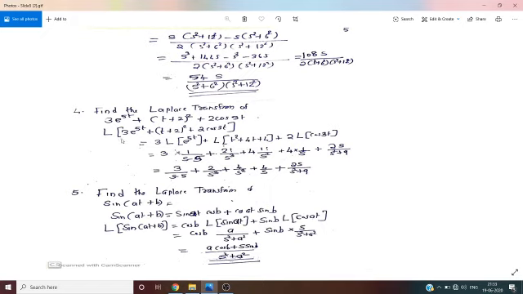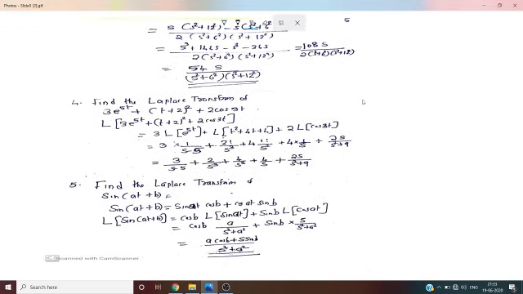By using the linearity property of Laplace transforms, we can write this as 3 into the Laplace transform of e raised to 5t plus the Laplace transform of t square plus 4t plus 4 plus 2 into the Laplace transform of cos 3t.